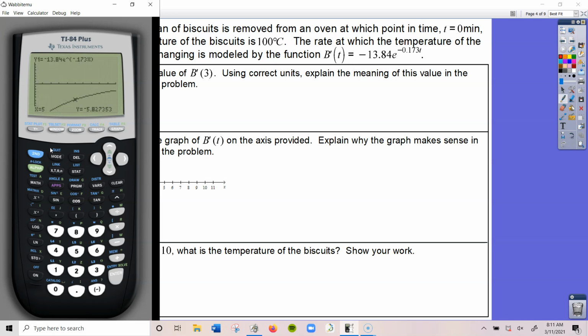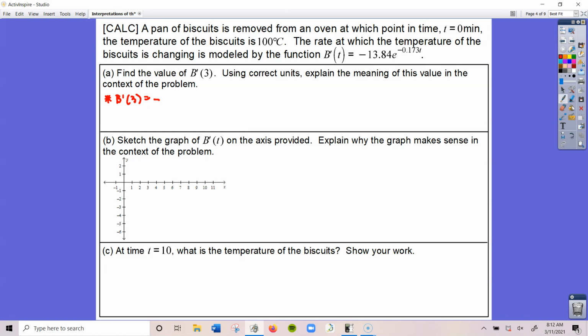Oh, no, we don't. This is the derivative. Just kidding. We need the value at x is equal to 3. And that gives us negative 8.2363. And then our units here would be degrees Celsius per minute.